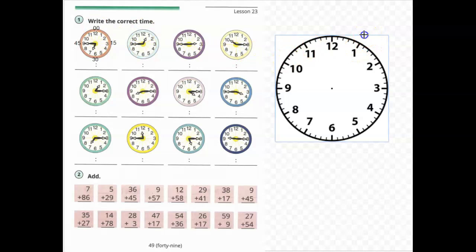That's why this has been 5 minutes. And when we go to here, this has been 10 minutes. And this one is 15. That's how we get the 15. Okay? And 20. And 25. And 30. Recognize the 30, right? We've been practicing the 30.